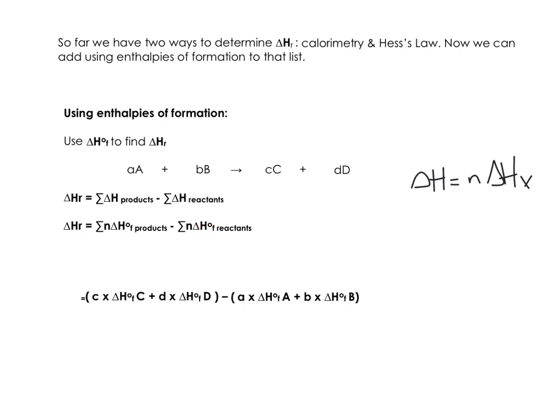So basically, for this reaction, take the moles of C times the molar enthalpy of C. We add to that the number of moles of D times the molar enthalpy of formation of D. So add this up. From that, we're going to subtract the sum of A times the molar enthalpy of formation of A plus B times the molar enthalpy of formation of B. So let's put that to practice.